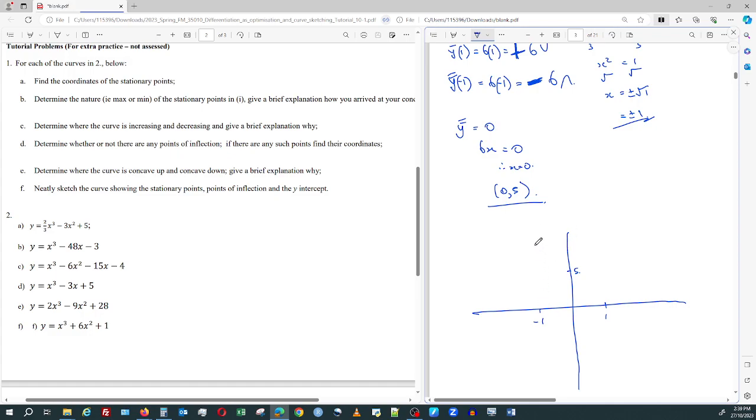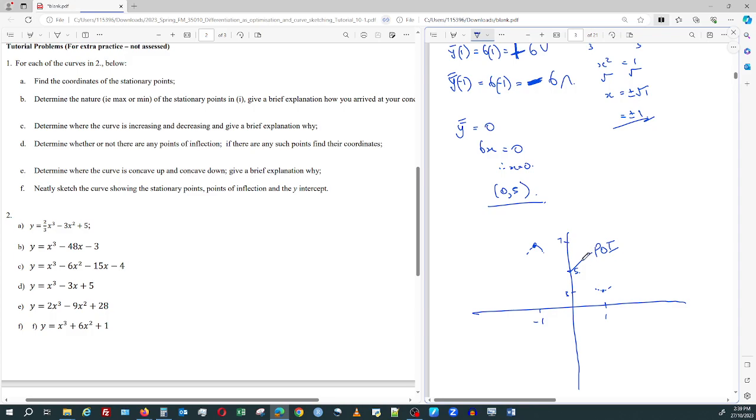So minus 1 was 7. And 1 was 3. And we had 1 is a smiley face. And minus 1. So we can clearly see what's going on here. And this is our point of inflection.